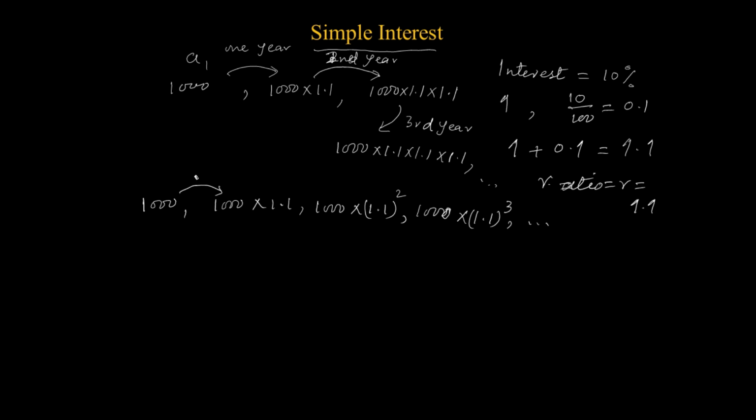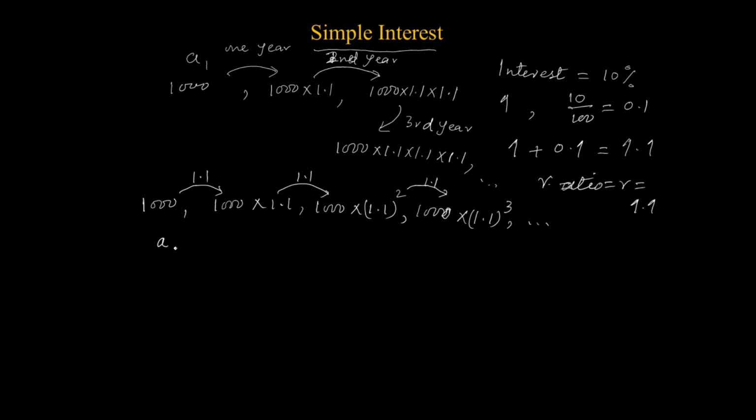So this is 1000 multiplied with 1.1, then again this is multiplied with 1.1, and this is again multiplied with 1.1. So each time 1.1 is multiplied with the previous term to get the next term.